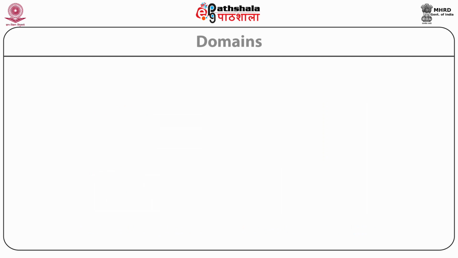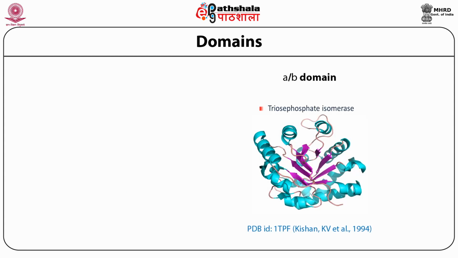isomerase. Here I am showing examples of domain structures. Earlier we discussed what kinds of domains exist. Here is an example of an all alpha domain, myoglobin. You can also see all alpha domain models and examples in module 5, where we discussed turn motifs and domains.